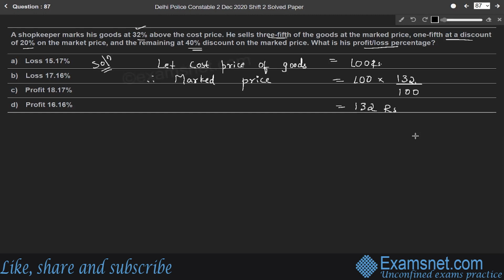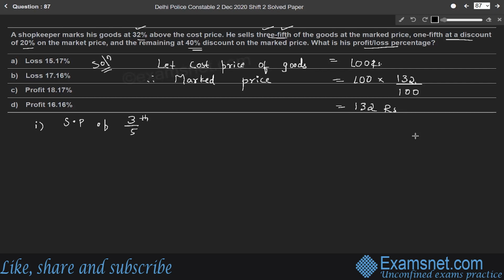Right? So our next part is the selling price. In the next part of the question, he sells 3/5 of the goods at the market price, and also 1/5 at a discount of 20%. So the first part is the selling price of 3/5 of the goods.